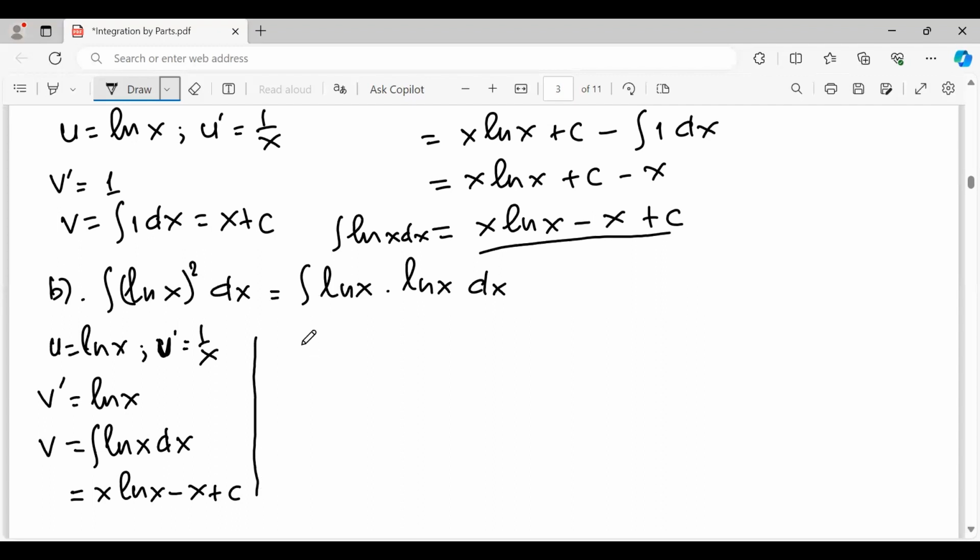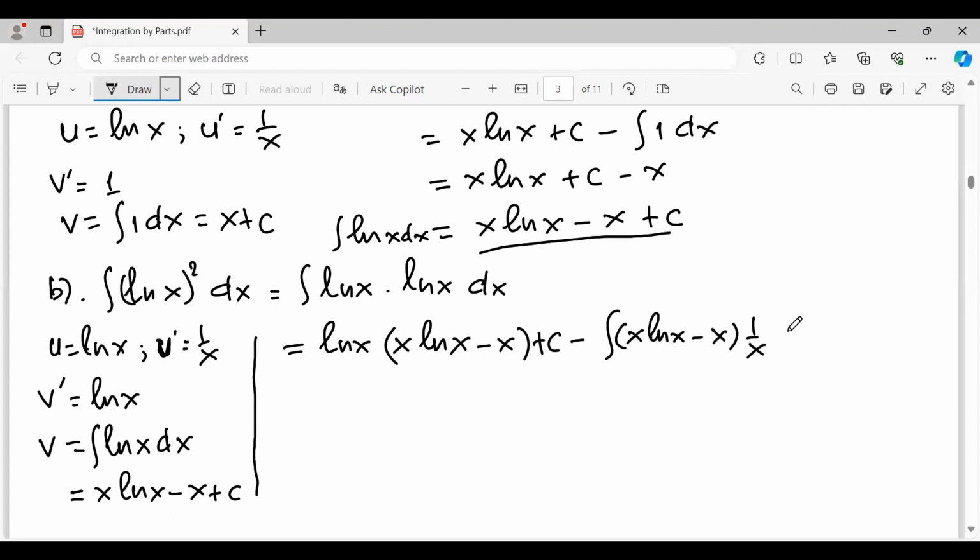I'm going to separate first and then u times v, ln x times v, x ln x minus x plus c, minus integrals of v, x ln x minus x, times derivative u, 1 over x dx.